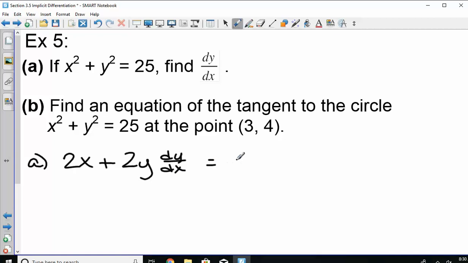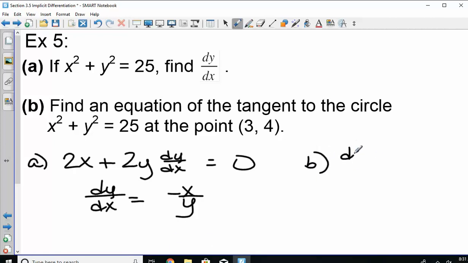So when you solve, you should have gotten dy dx equals, should look really familiar. We actually had the same derivative earlier, negative x over y. Part B, if you plug in, your slope would be negative 3/4. So y equals mx plus b.